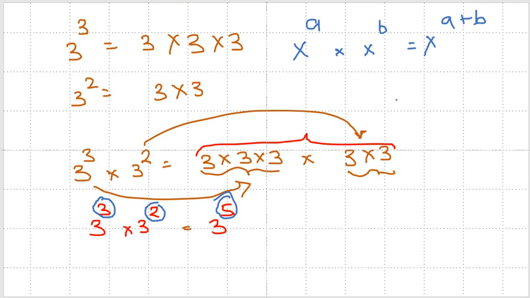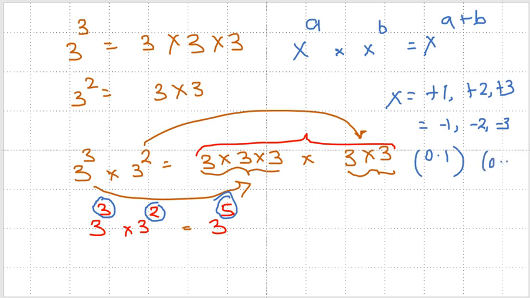But x could be plus 1, plus 2, plus 3, but it could be minus 1, minus 2, minus 3. It could even be a fraction or a decimal like 0.1 or 0.003.